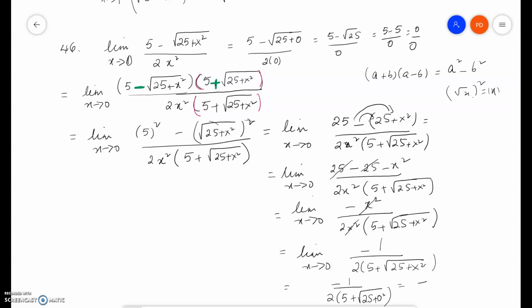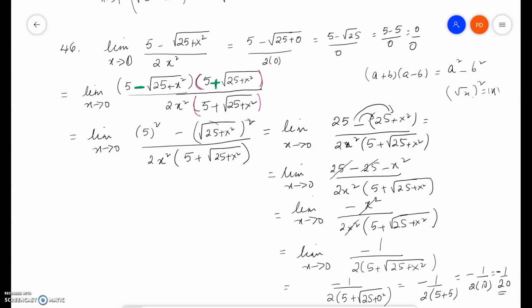This is equal to -1 over 2 times 5 plus 5. The square root of 25 is 5, so we get -1 over 2 times 10, which is -1 over 20. So here we got our limit, which is -1 over 20.